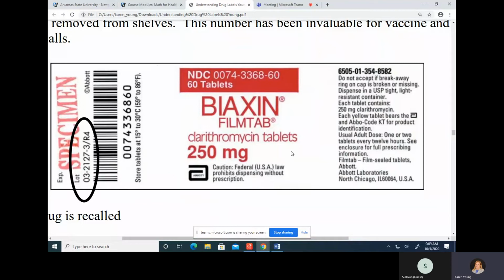How much medication had he got in his system if it was, say, 60 tablets? How would you find that out? Just multiply 250 by 60, and that would tell you how much medication he had put into his body. And he did live. My cousin didn't, but he did live.